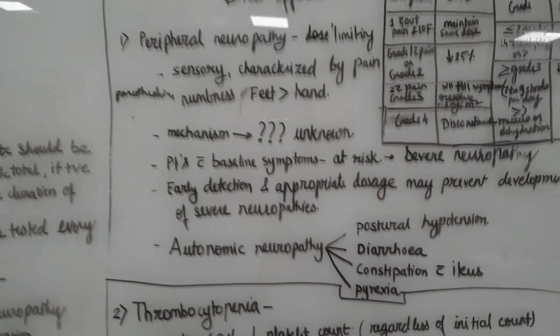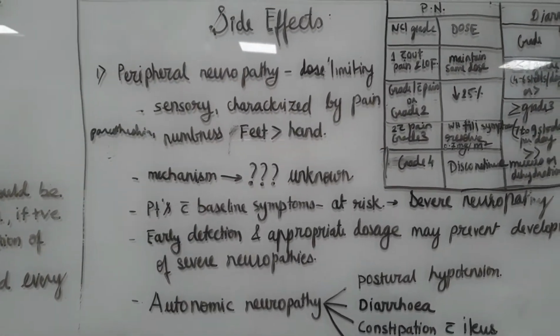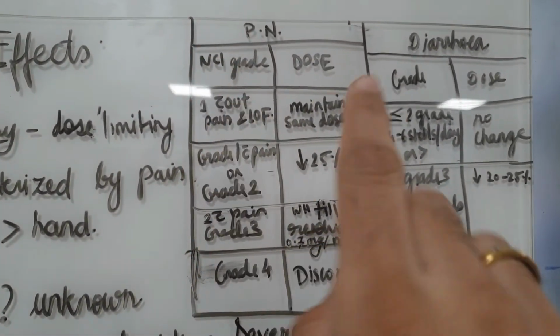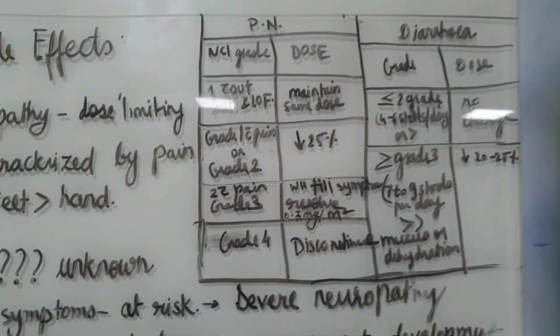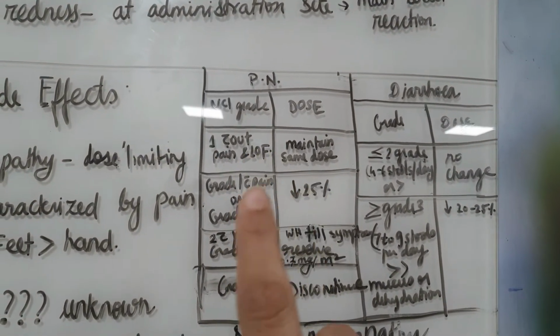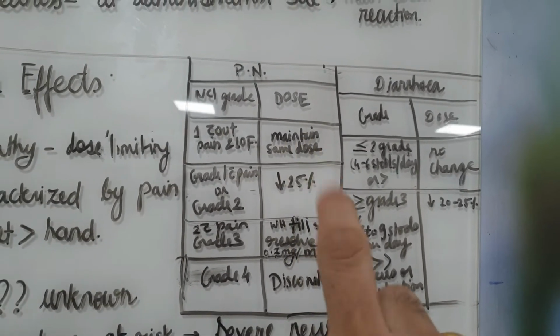What drug dosage to be given in peripheral neuropathy is given by the NCI guidelines. These are the NCI grades and these are the dosages. Suppose the patient has grade 1 peripheral neuropathy without any pain or loss of function, we have to maintain the same dose.